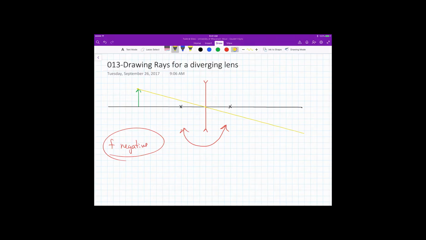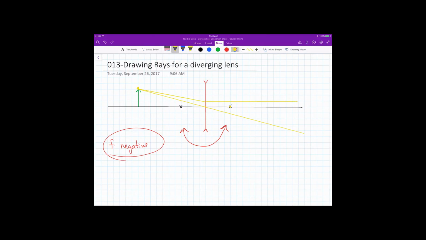So in other words, I'm going to line my ruler up so that one end is on the tip of the object, the other end of the ruler is on the far focal point. And so I'm going to draw a ray from the tip of the object to the lens along that line. Now that is the ray that's going to come out parallel to the optical axis. So let me draw that in like so.